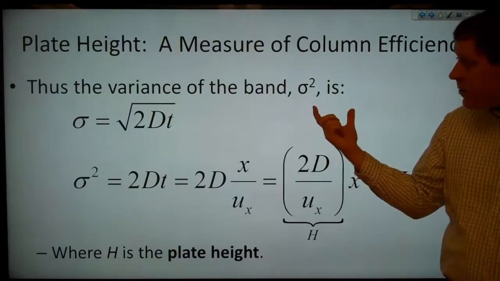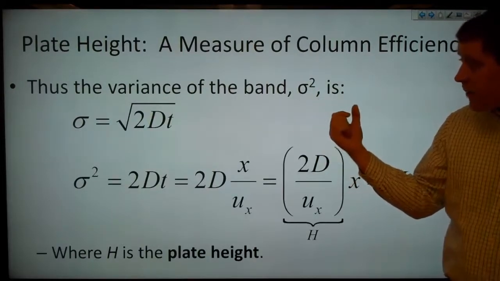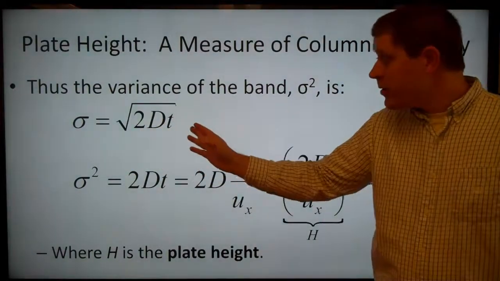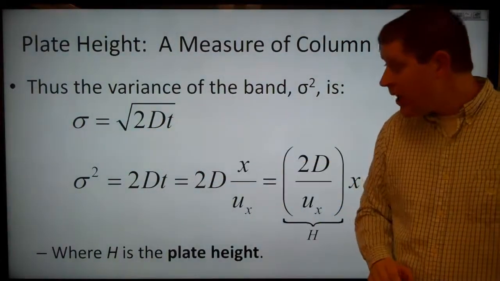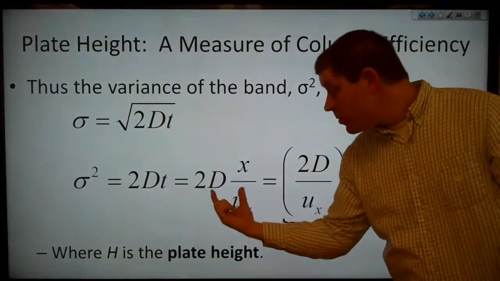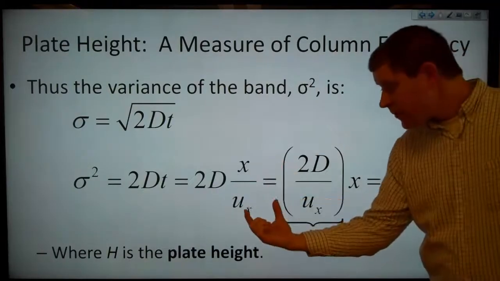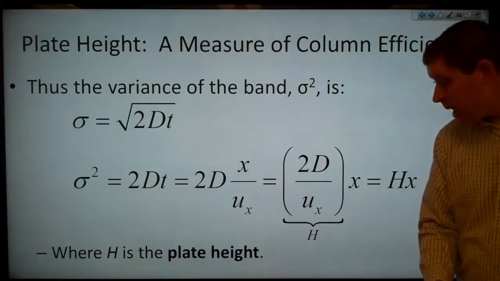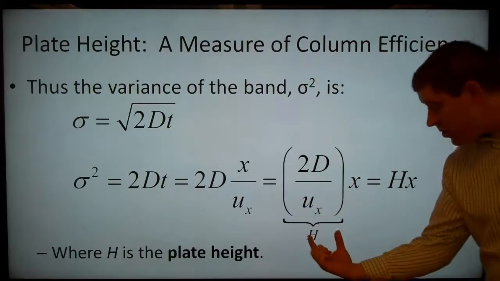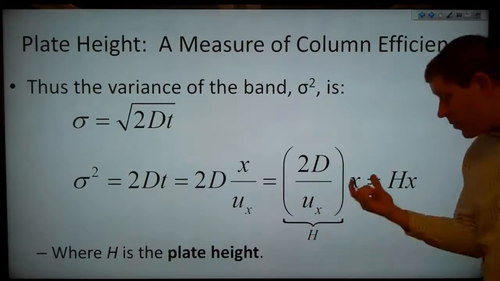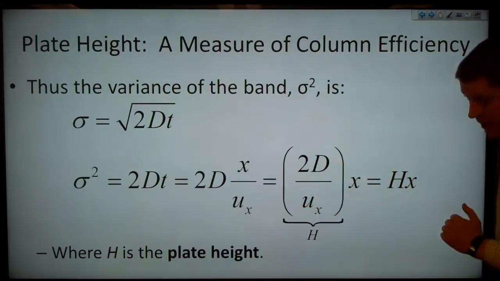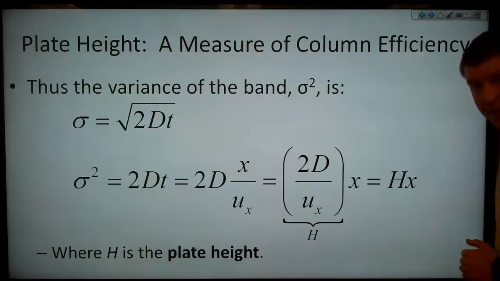That means that the variance of the band, sigma squared, remember that sigma, our standard deviation, is equal to the square root of 2Dt, so sigma squared is equal to 2Dt without the square root, which is equal to 2 times D times x over u_x. Now we can combine the 2D over u into H, still multiplied by x, and now our variance is equal to H times x, where H is our plate height.